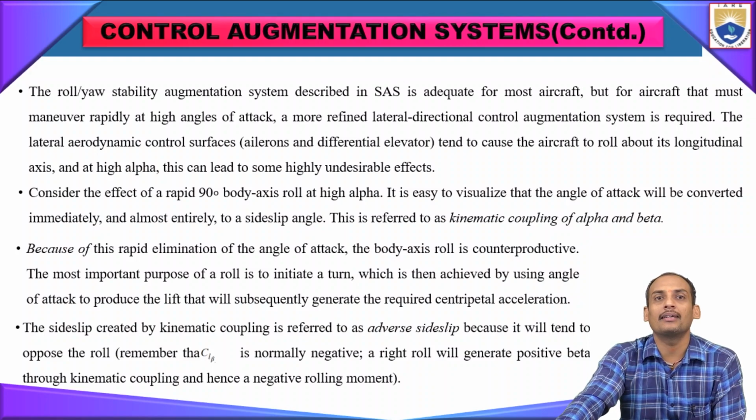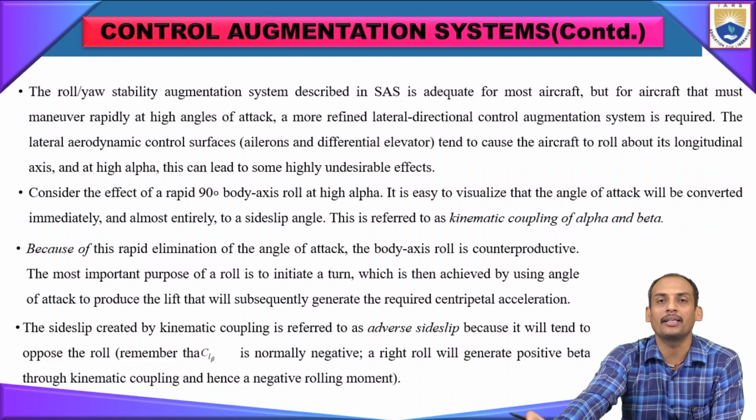See here, for rolling or yawing movement, a stable SAS system has been adequate for most aircraft. But the rapid changes of maneuverability at higher angles of attack are better handled by the lateral and directional control augmentation system.